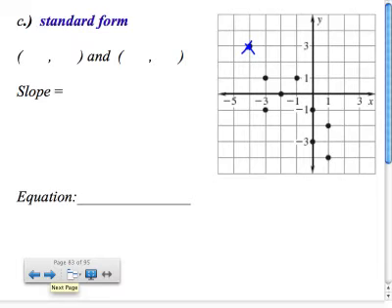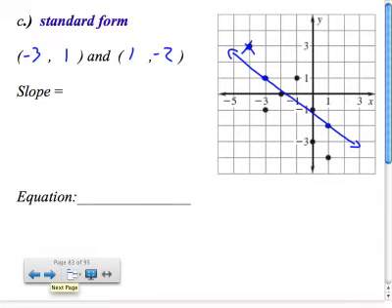So I'm going to go here and here. Okay, this one was a little bit more difficult because your points are more spaced out. Again, it doesn't matter what 2 points you choose, those are the points you're using. So the first point is -3, 1, and the second point is 1, -2.